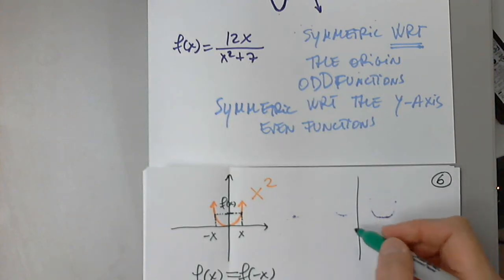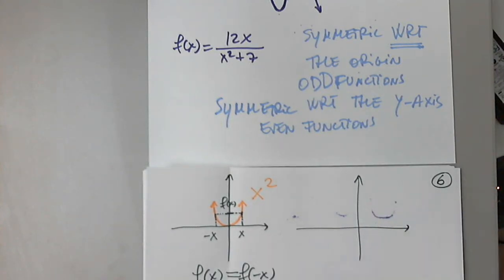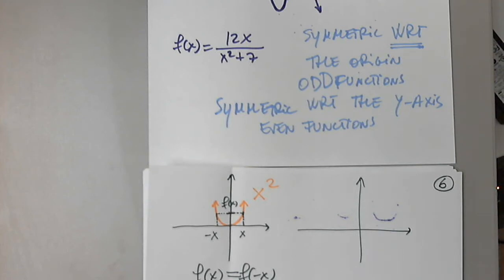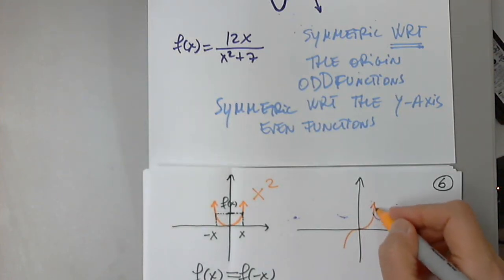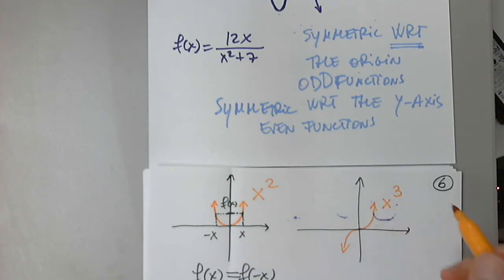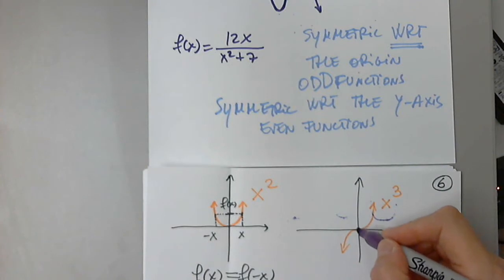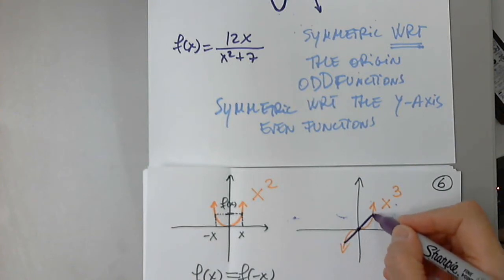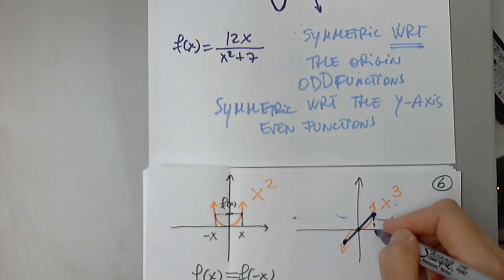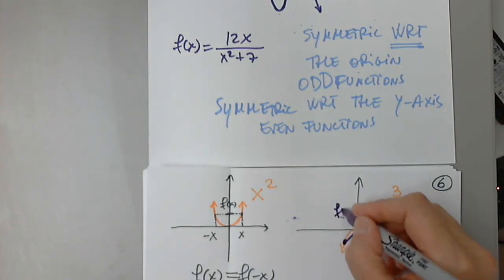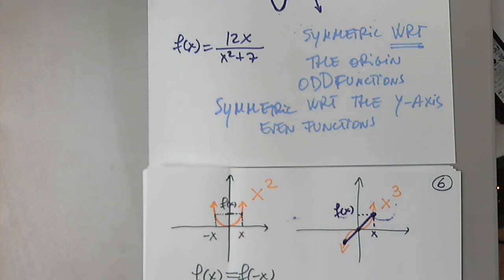Now let's look at this one. And we've seen this graph last time and today. x cubed. Let's connect 2 points with a line going through the origin. And of course, x and f of x. But on the other side, what will you say? What is this? And what is this?